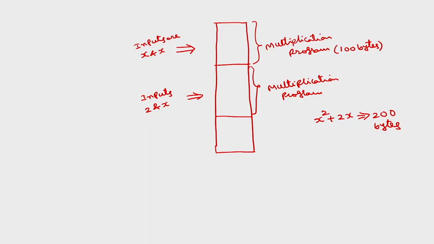That is what is called a subroutine. In any particular program, if a particular operation is repeating several times, instead of writing that program several times in the main program, you write a subroutine and call it as many times as you require. Now, in the subroutine concept, this is my main program.